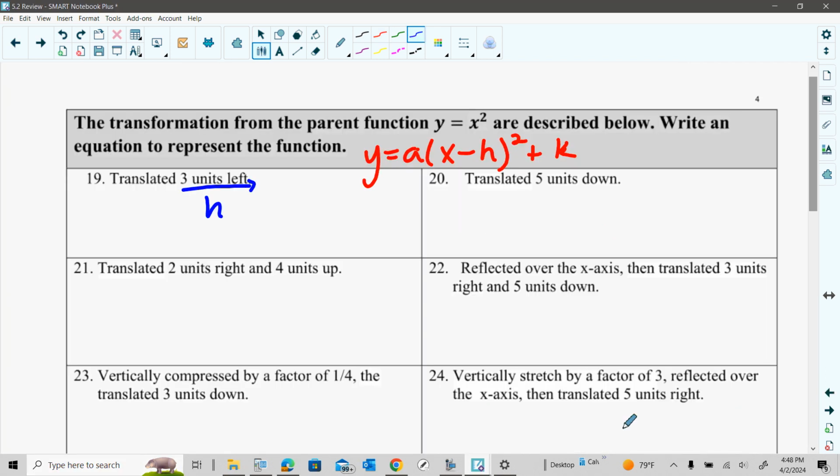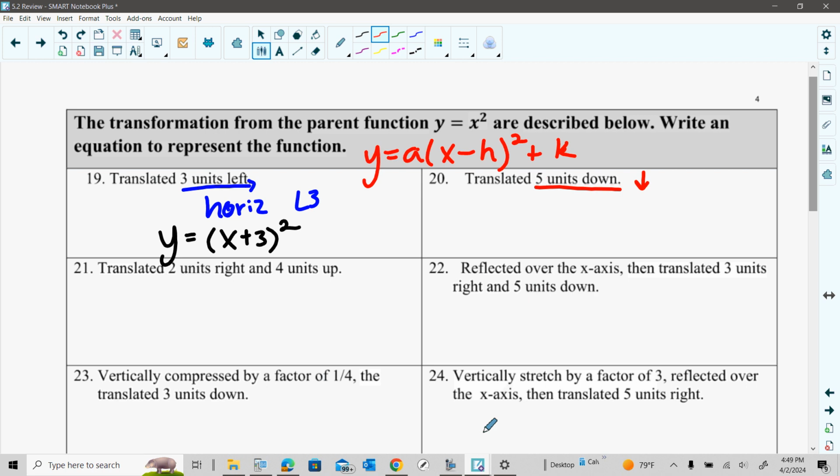So here, because it's only horizontal, okay, left 3, then all I need is just this part in my equation. So this would be y equals x plus 3 parentheses squared. That's it. Okay. Now on 20 here, we have translate 5 units down.